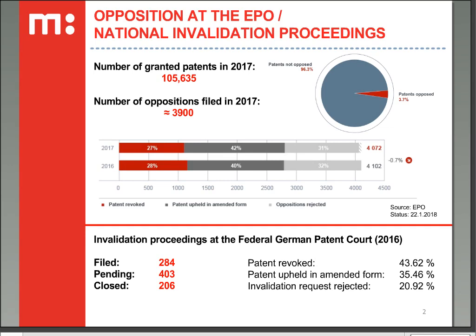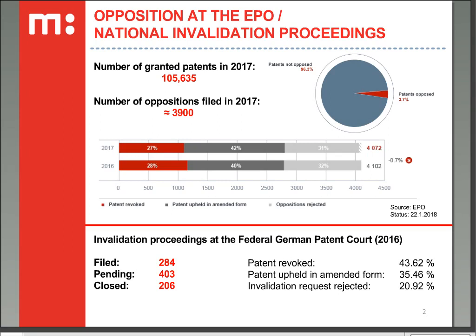Being based in Germany, I go for the German nullity actions. If you can see the invalidation proceedings at the Federal German Patent Court in 2016, there have been 284 filed and 400 were pending at that time. And there are 206 closed proceedings, either by the parties coming to an agreement or by a final decision. And quite interestingly, the percentage in which the patent was revoked is higher.